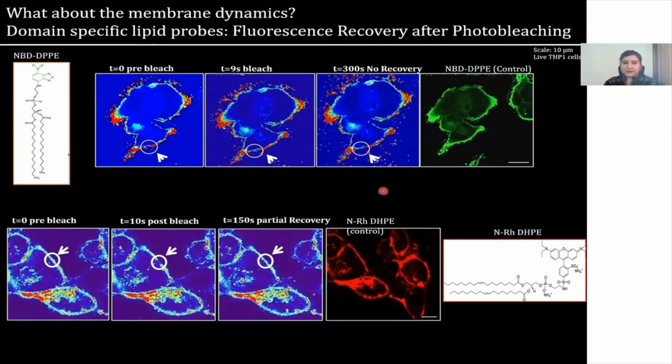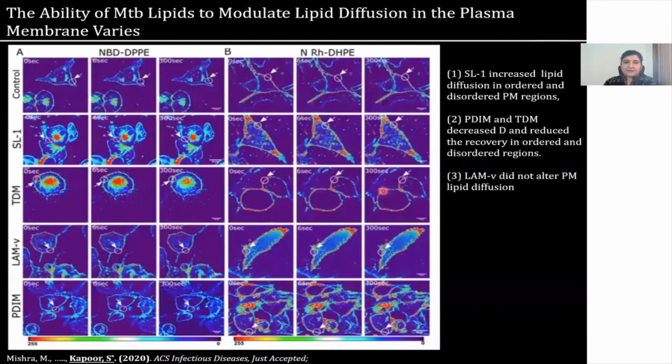With these probes in hand, we calculated the diffusion of these dyes in the control as well as in cells treated with different structurally diverse mycobacterial lipids.